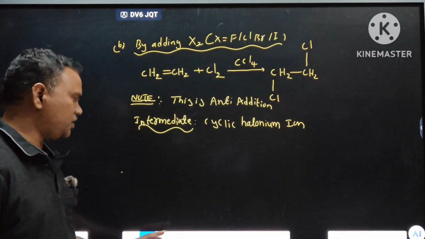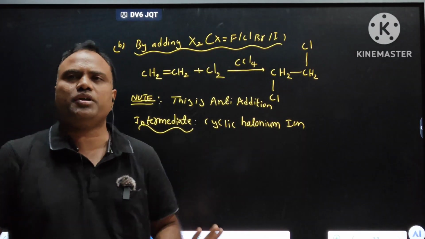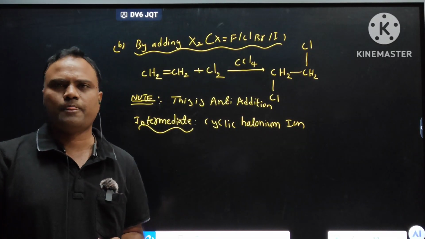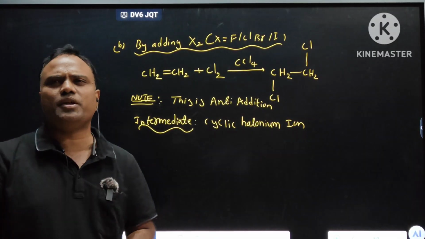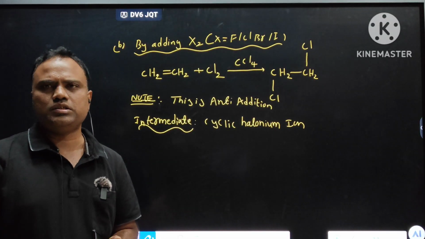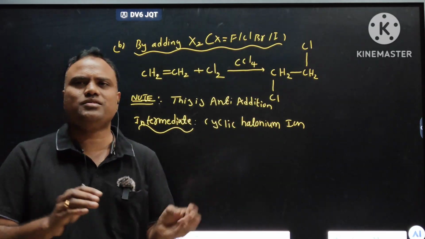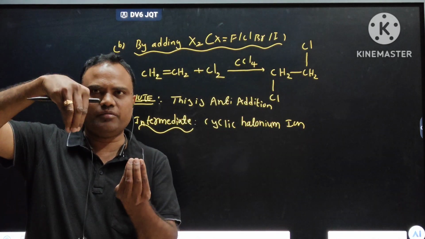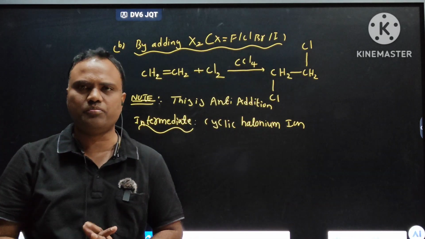If the mechanism is very important, then we'll go with the complete mechanism. Otherwise, we just touch on it. No need to discuss the brief mechanism because there are no application-type questions on this. Clear? If you know the type of addition of halogen to alkene, remember anti-addition, that is the important point.